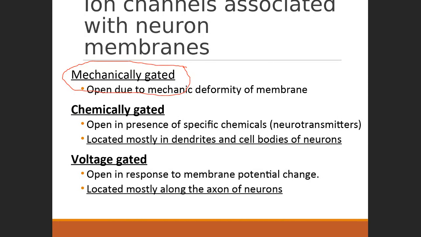A mechanically gated channel sits in the cell membrane. And if its membrane becomes distorted, if pressure is applied, if stretch is applied, if there's some sort of mechanical deformation of that membrane, mechanically gated channels open. Everybody listening to this lecture right now at some point has had experience with mechanically gated channels.